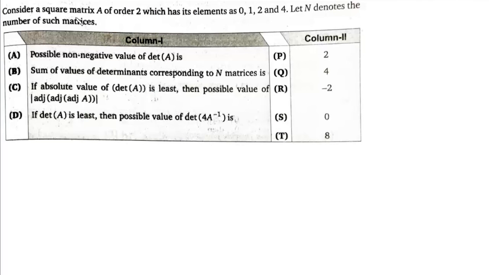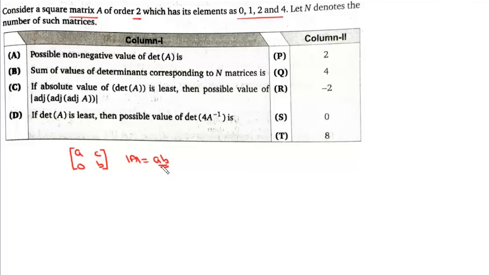Now here the question is, consider a square matrix A of order 2 which has its elements as 0, 1, 2 and 4. Now if n denotes the number of such matrices, the possible non-negative value of determinant A is. Now we'll get this non-negative value of this determinant if we have non-zero elements along the principal diagonal and then we have 0 at any place and then C. So the value of this determinant will be simply AB.